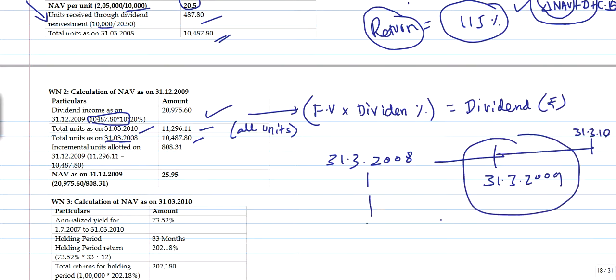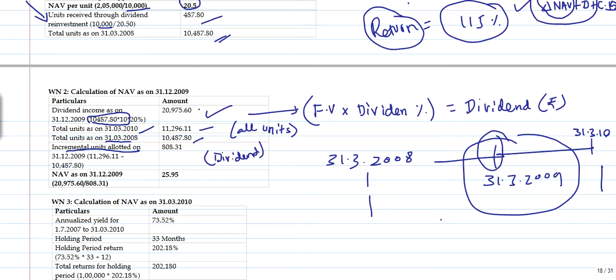We know units here, we know units here, so whatever the difference we are getting from the dividend. So these are the units at 2010, 2008, 10,000 units. Whatever the difference is, incremental units allotted on 31st 12 2009 because of dividend reinvestment.